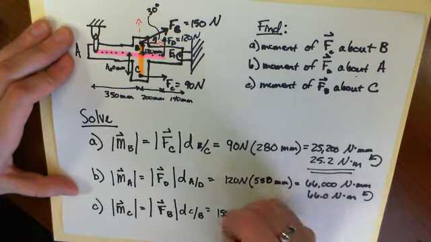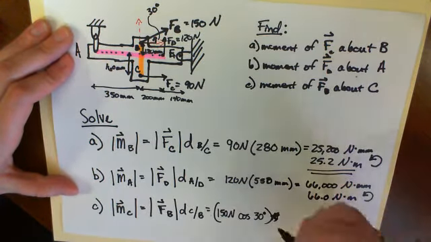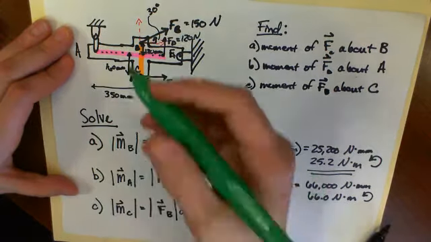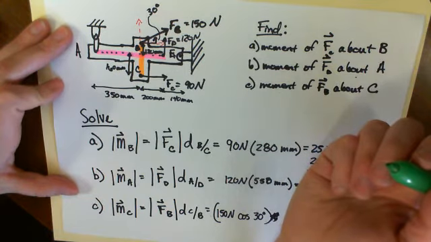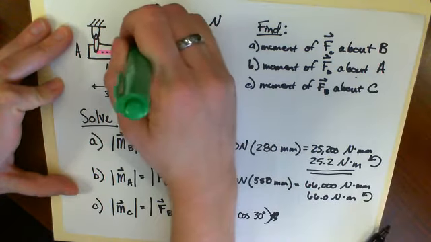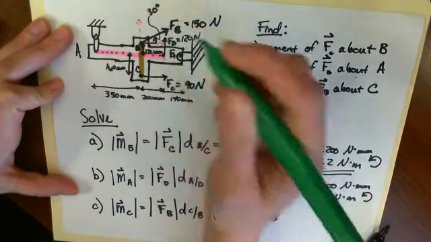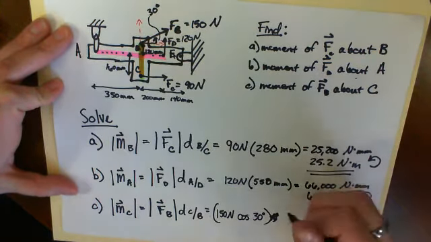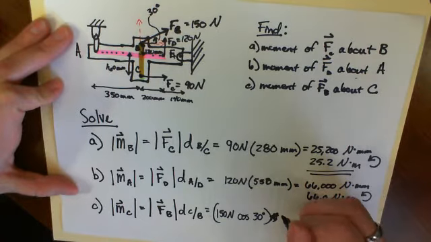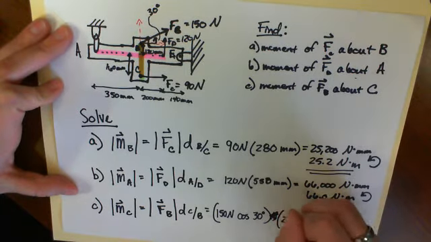And then we can multiply by the perpendicular distance between C and B, which will be 280 millimeters.